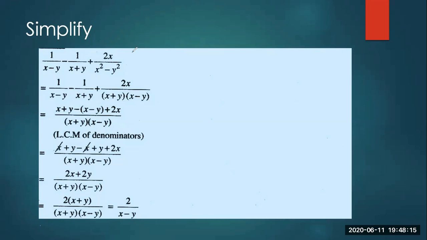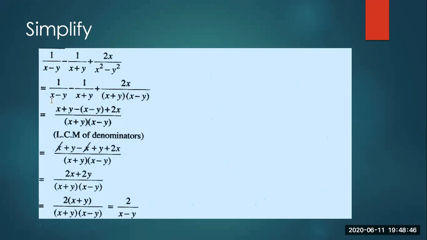Now I have to take the LCM of the denominators and make all three denominators the same. The LCM is x plus y into x minus y.